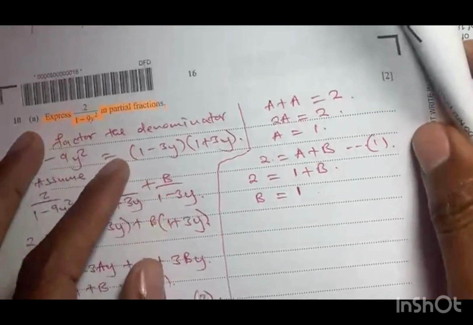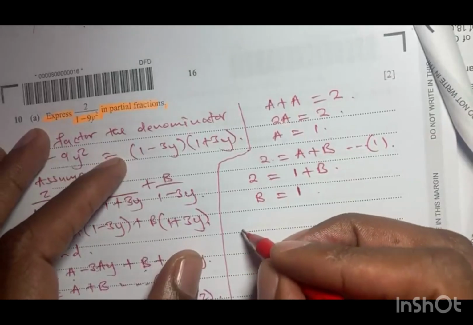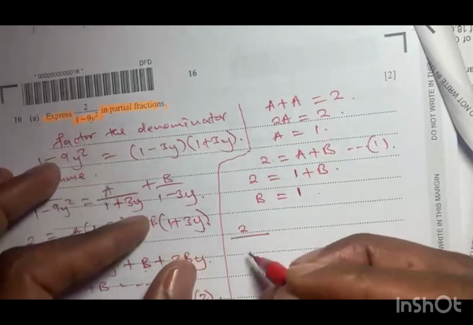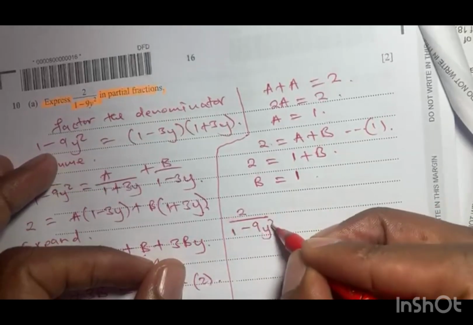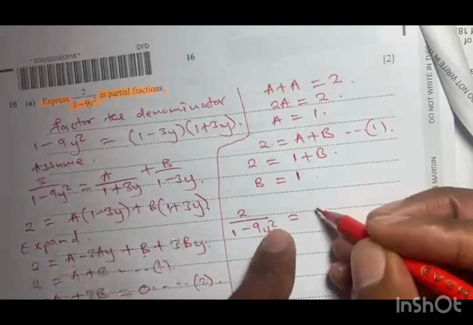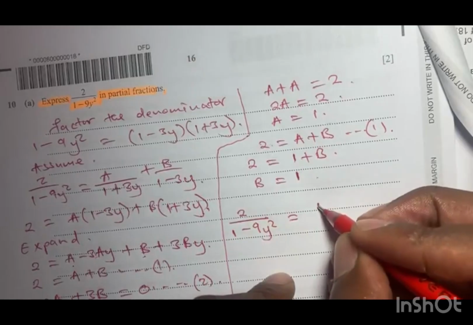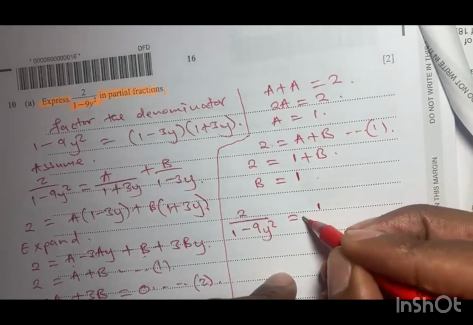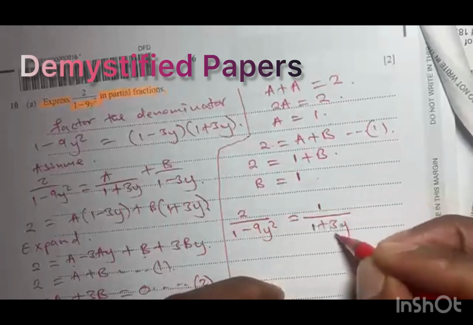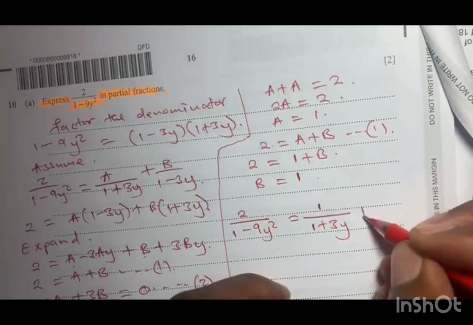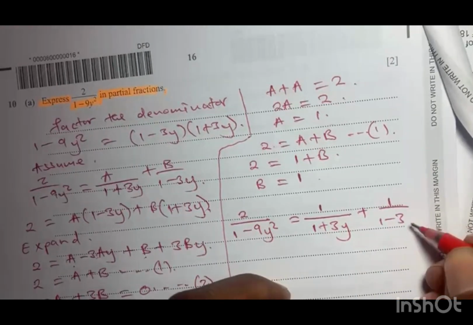So to express it in partial fractions, I'm saying 1 over 1 minus 9y squared is now equivalent to, I'll take my values for A and B, 1/2 over 1 plus 3y plus 1/2 over 1 minus 3y.